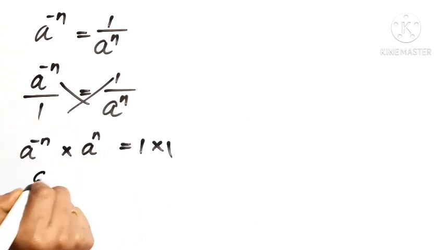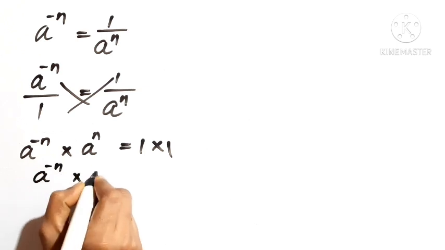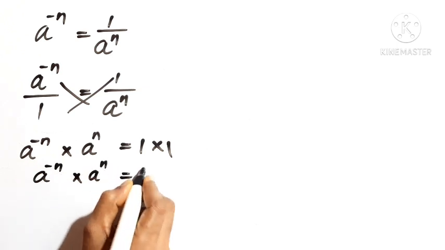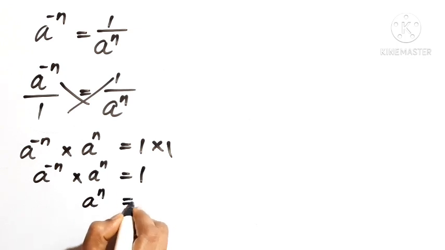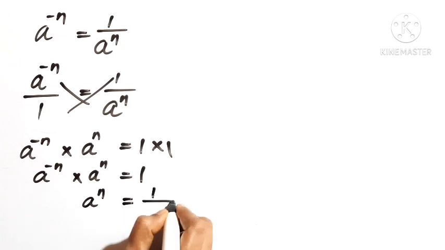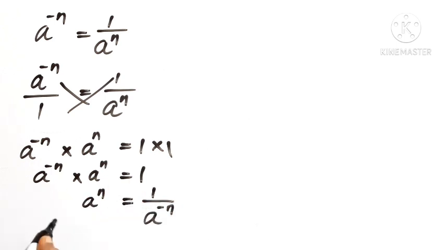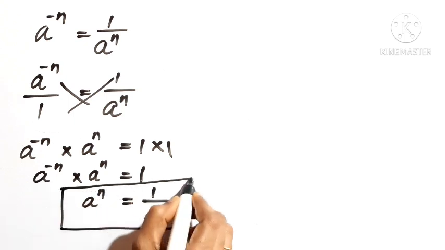Also equals a raised to minus n into a raised to positive n equals 1. Okay. From this again we can write, listen children, a raised to positive n also equals 1 by a raised to negative n. Okay. Listen children, 1 by a raised to negative n also equals a raised to positive n. Our next exponential law is also ready.